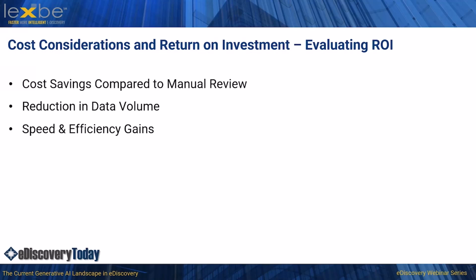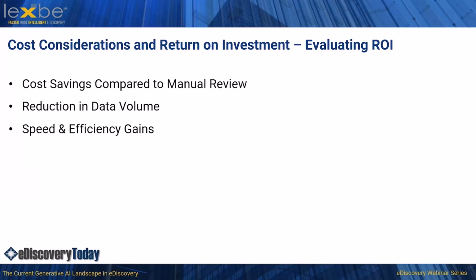So those speed and efficiency gains can mean everything from case insights earlier in the case and improving legal strategy to being better equipped to meet deadlines, court deadlines in your case. Lawyers, certainly one of the things they're driven by is meeting deadlines, and anything that can speed things up has to be considered from that standpoint.